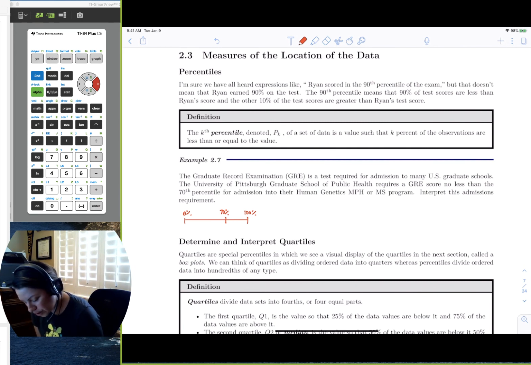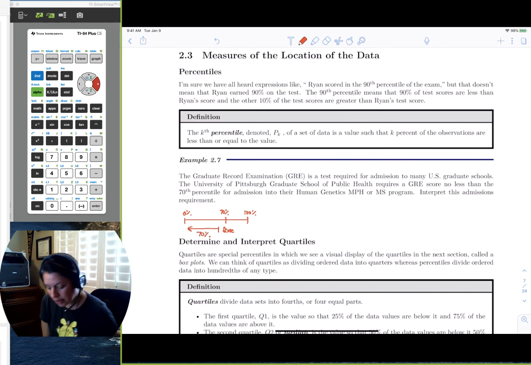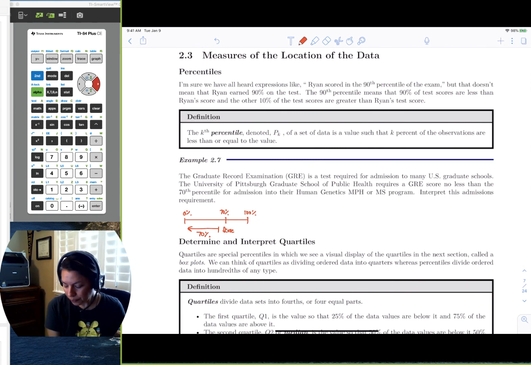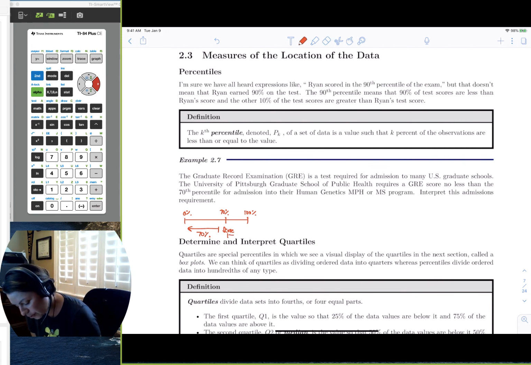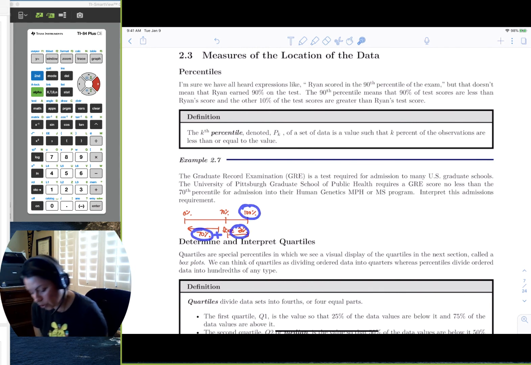Here's this person's score, whatever that score may be, and this means that 70% of the scores are less than that score, and 30% is what's left, because 70 plus 30 gives you the total 100%.